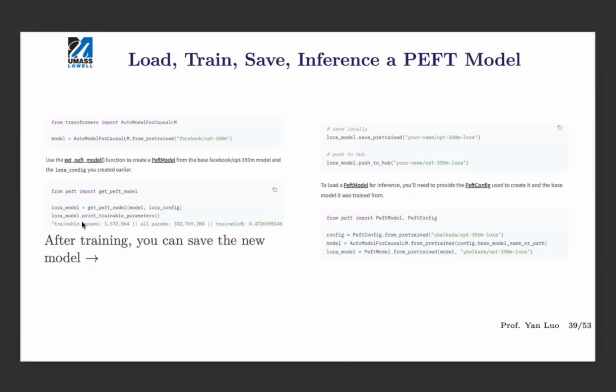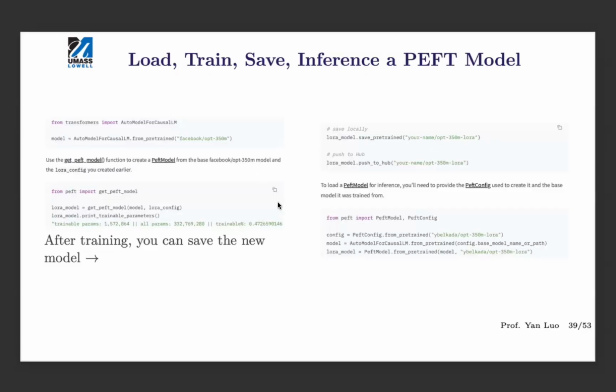You can actually check the information about this LoRA model by printing the trainable parameters. So for this case, all the parameters is 332 million, and the trainable is about 1.5 million.